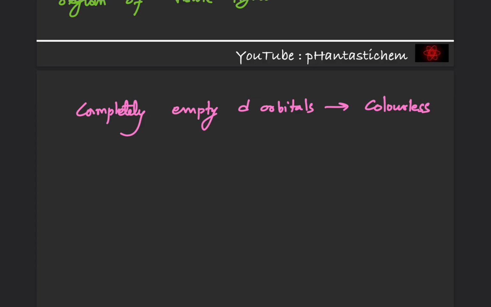Similarly, if we have completely filled d orbitals, again that is going to be colorless because there are no vacant d orbitals for promotion of electron.